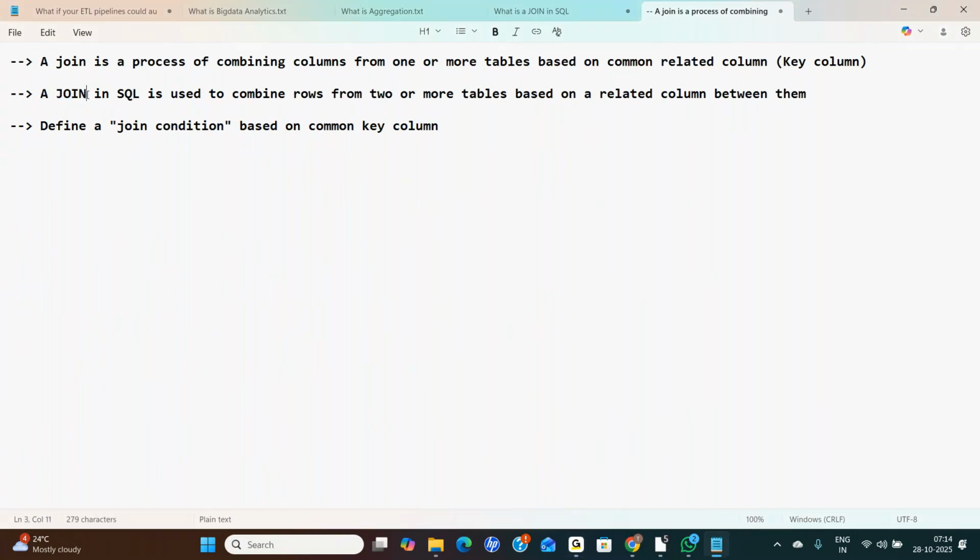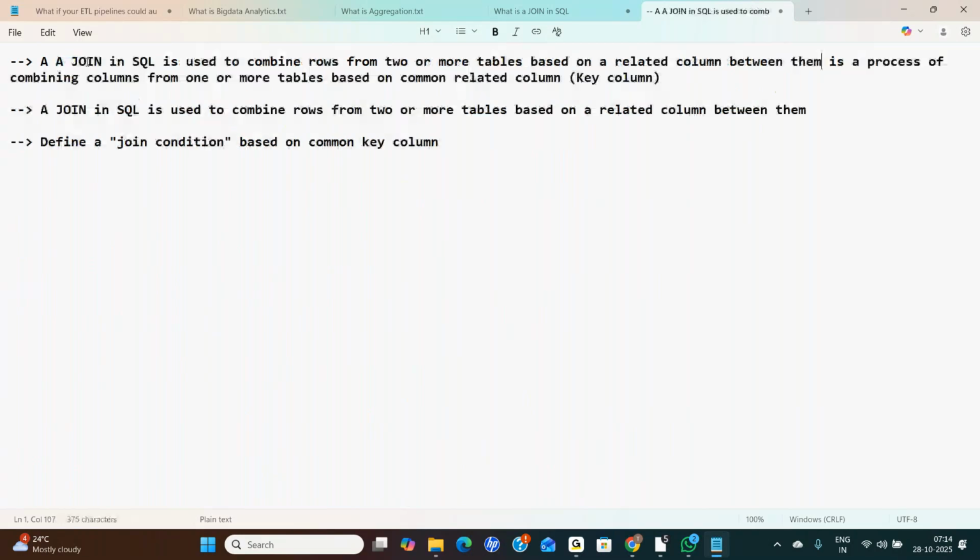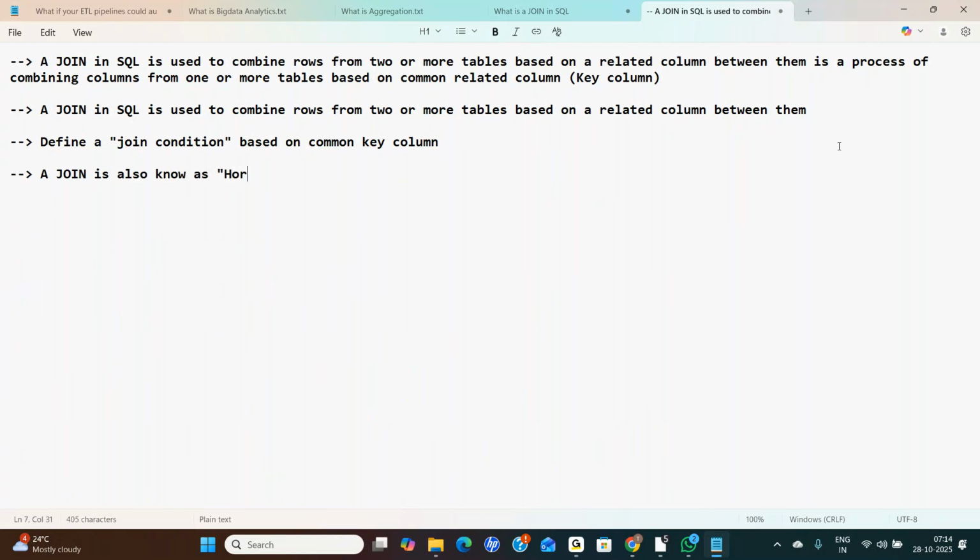So, sir, a join is also known as, guys, horizontal merging. It's called horizontal merging.